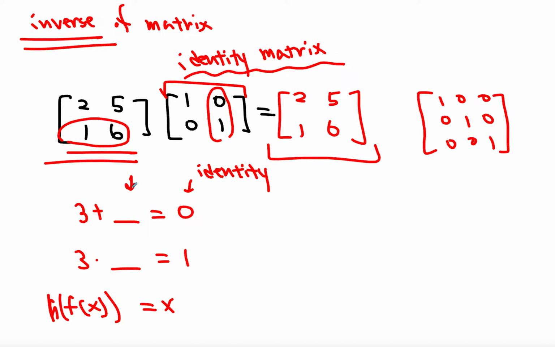And then the other component becomes inverses. So inverses are the ones that produce identity. So my question to you today is this. I have a matrix, 2, 5, 1, 3. What can I multiply so that it becomes the identity, 1, 0, 0, 1?